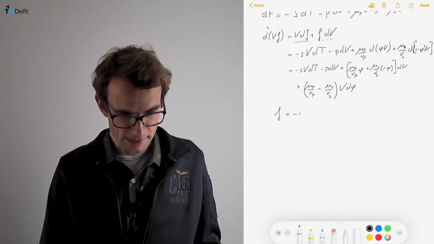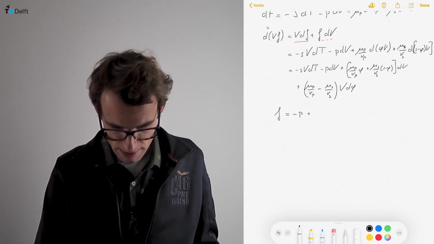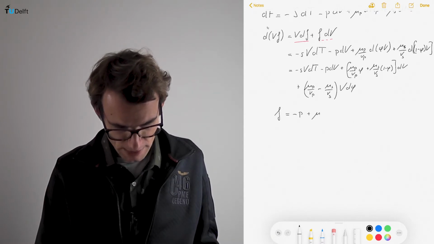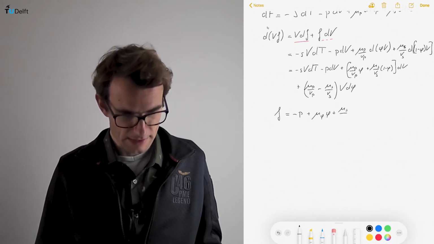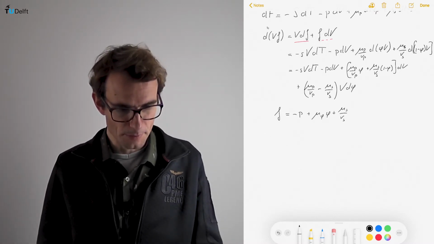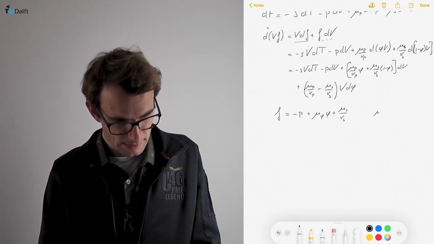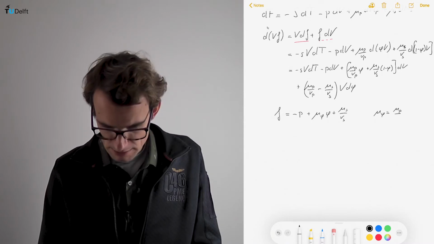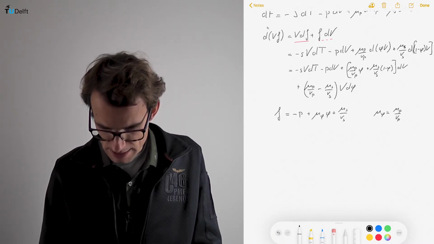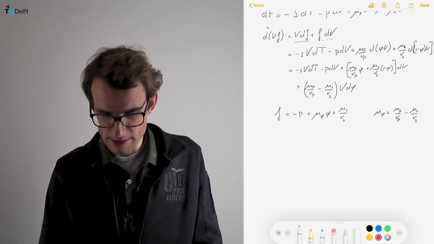And then there's this big thing within brackets, which I'm going to rewrite a little bit as mu_phi times phi plus mu_s over v_s. Now, of course, I have to do a proper definition. Then mu_phi is mu_p over v_p minus mu_s over v_s. So it's the combination of this one and the second one.